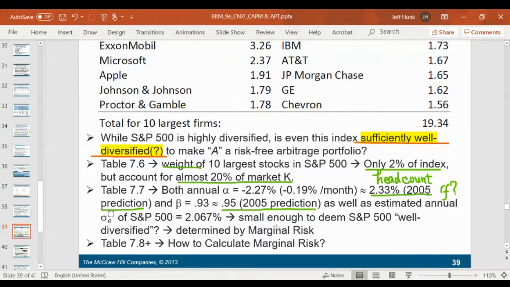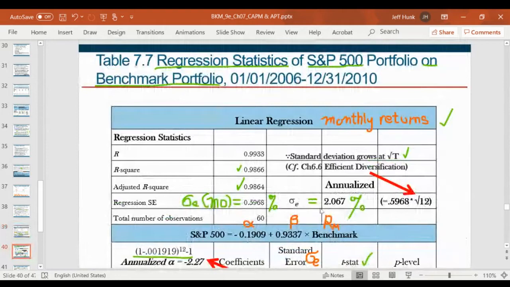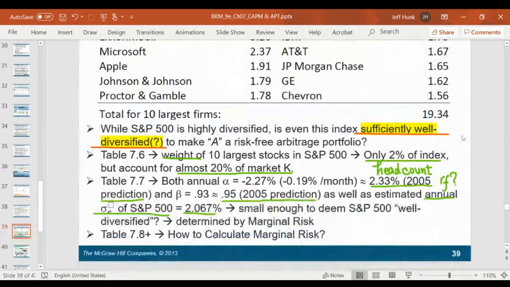And the annual standard error, the residual of the S&P 500 in our arbitrage portfolio, is 2.067, right? We know that's what we got there.